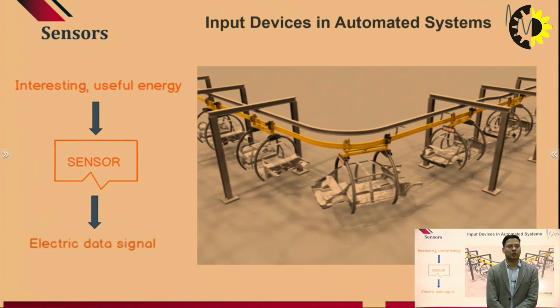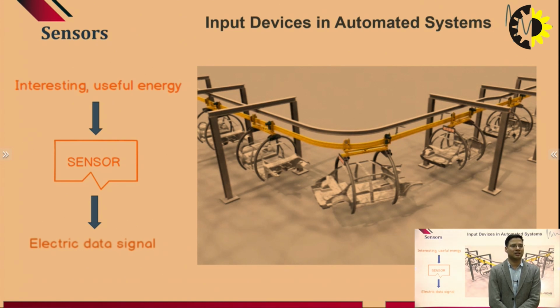If a person is performing an operation on a particular model on the production line, the consecutive following vehicle gets stopped at a safe distance with the help of a sensor. Okay, so if there is any useful energy or useful input that has been sensed by a device, then this is termed a sensor.